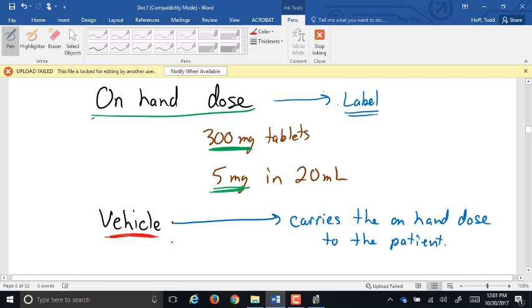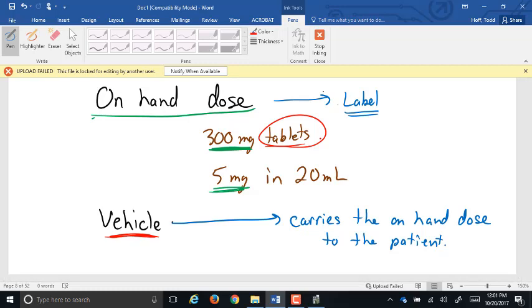So the vehicle in each of these examples, the tablet in the first one, would be the vehicle. The on-hand dose of 300 milligrams is carried to the patient in the form of a tablet.